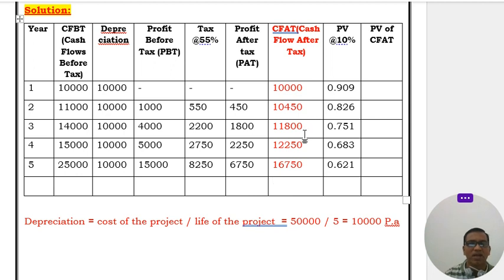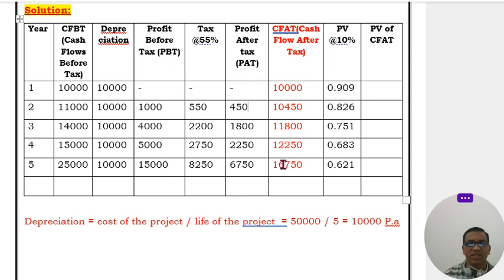We got it by using cash flow before tax minus depreciation. It will give you profit before tax. Calculate tax on profit before tax at the rate of 55%. Then profit before tax minus tax will give you profit after tax. Profit after tax plus depreciation added back gives cash flow after taxes.